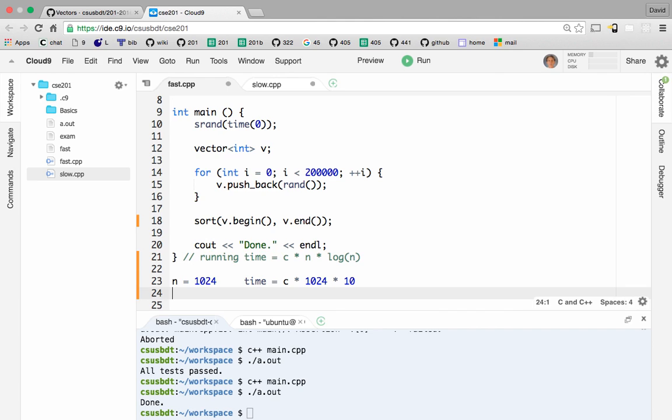So here, for 1024, in the fast algorithm, the time is going to be some constant times 1024 times 10. So like 10,000.